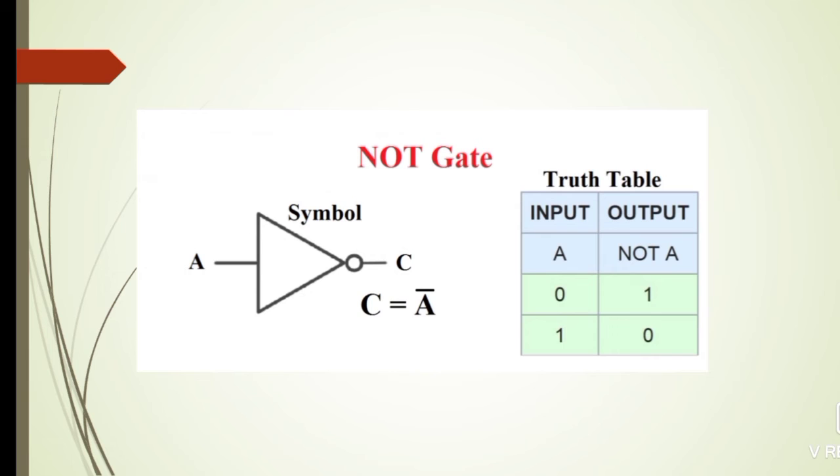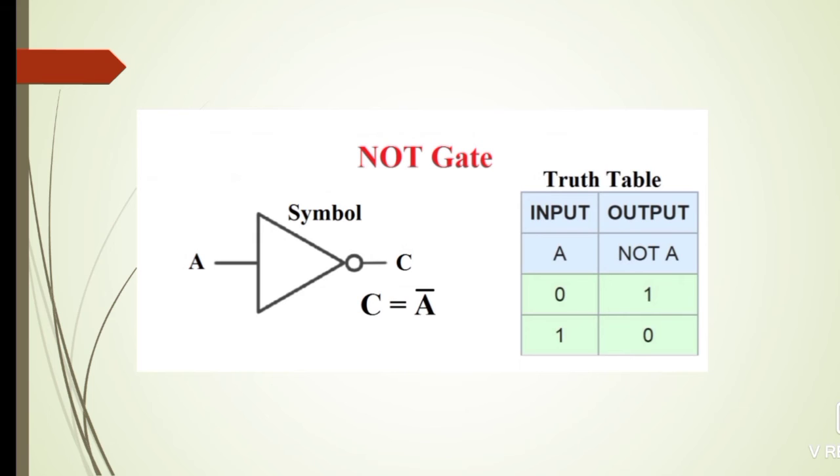It shows the inversion in the digital circuit. You will see the symbolic form of the NOT gate and the truth table. If the input is 0, then the output is 1, also called the complement. If your input is 1, then the output will be 0.